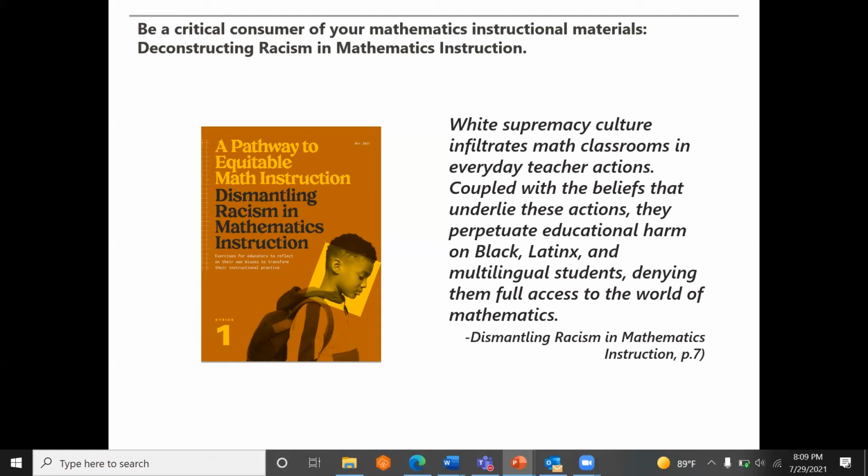Here on the screen, you see a resource, which is Dismantling Racism, and this resource can be found on page 19 of your roadmap. This resource provides educators with guidance on how to begin deconstructing racism in mathematics instruction.